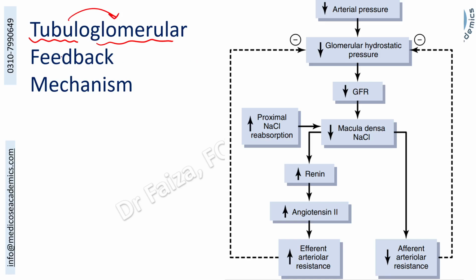The problem begins if there is decreased GFR for any reason, mostly because of decreased glomerular hydrostatic pressure. Whenever there is decreased GFR for whatever reason, this is going to lead to decreased sodium chloride filtration, which, when it reaches the macula densa at the level of the distal convoluted tubule, will begin the tubuloglomerular feedback.